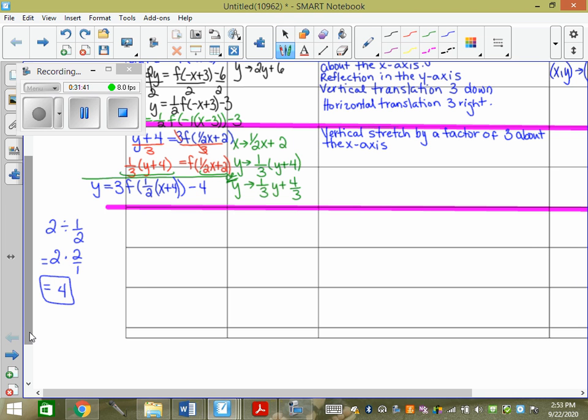I have a horizontal stretch by a factor of 2, because it always flips from equation to words, about the y-axis.